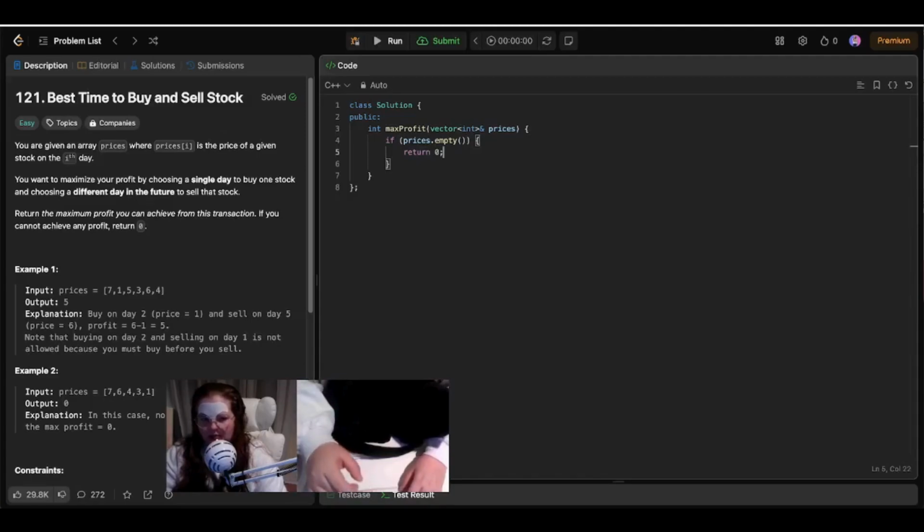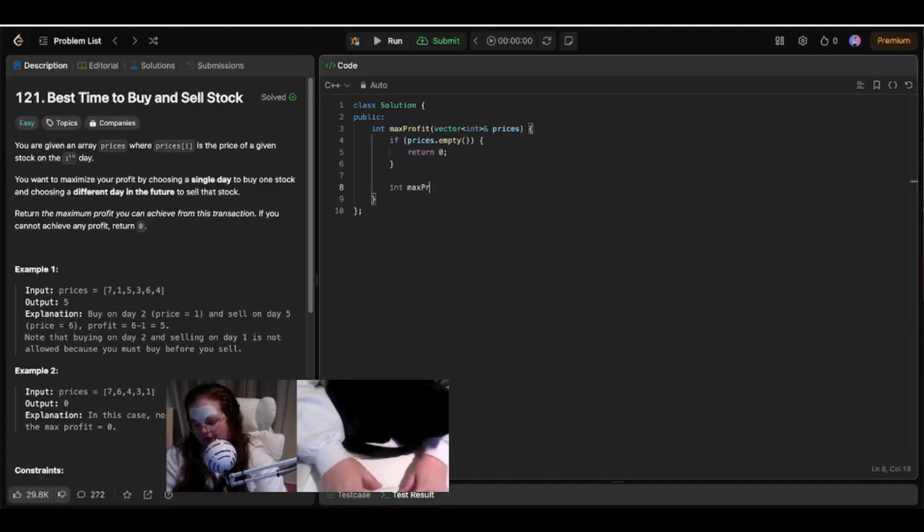So same setup. I have to keep reminding myself of the same setup that I want to do. So we're going to do the int max profit is 0, and then same with the int min price is prices 0, and oopsie, did not mean to do that.